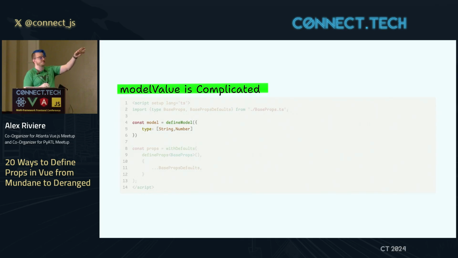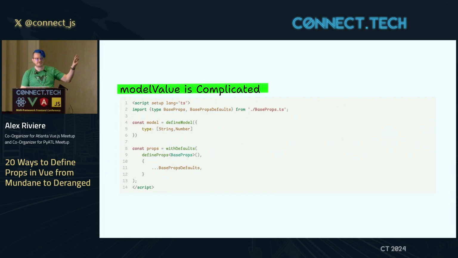If you pass in a string as the first argument to define model, you can say, hey, give me something that is bound with an update event. So you can do define model, parentheses, name, comma, object, all of the options that you want. So define model, very handy, very useful.